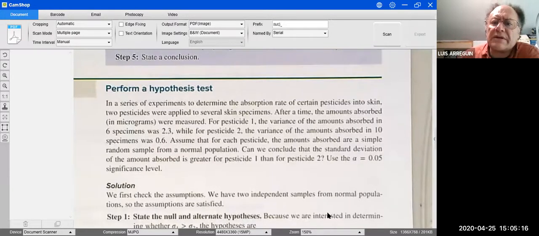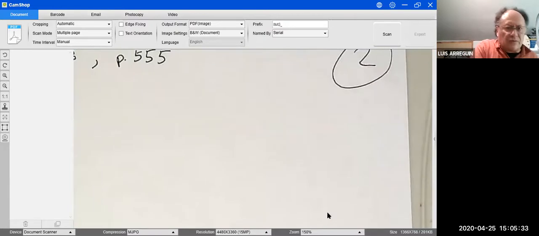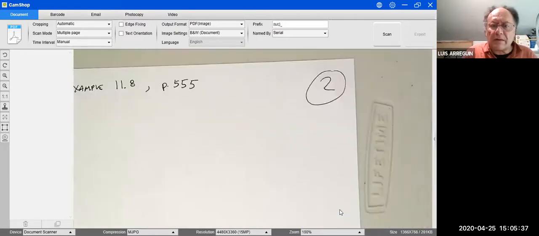Can we conclude that the standard deviation of the amount absorbed is greater for pesticide 1 than for pesticide 2? Use the significance level alpha equals 0.05. So that's the problem. So now we just need to write the claim, the null.